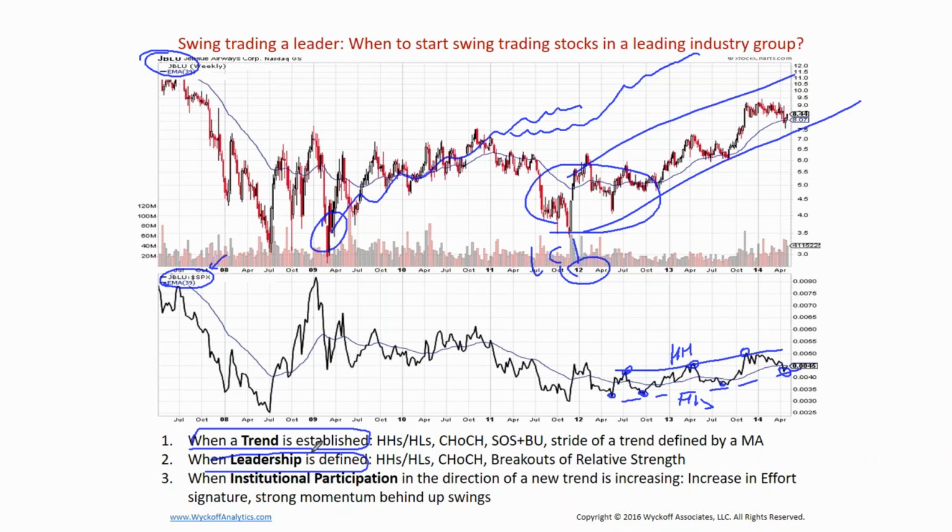And what we are doing is we are anticipating that the leadership trend in the industry group that JetBlue belongs to, and the trend of the stock itself, is going to resume.